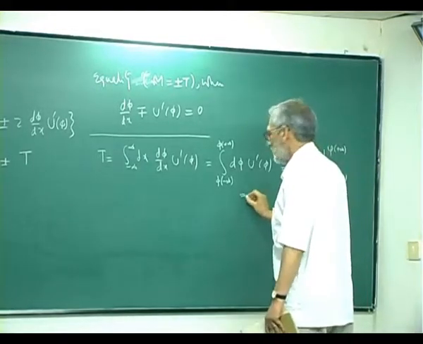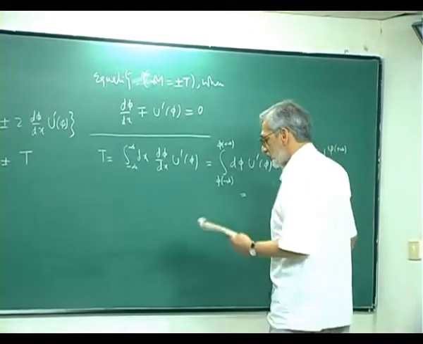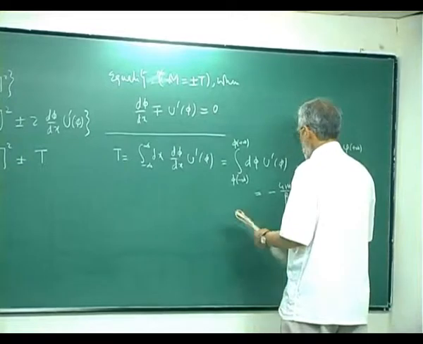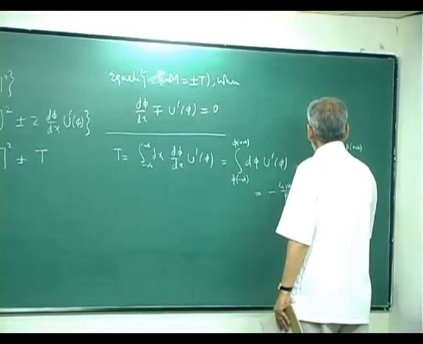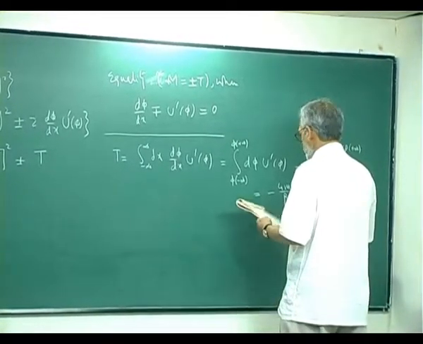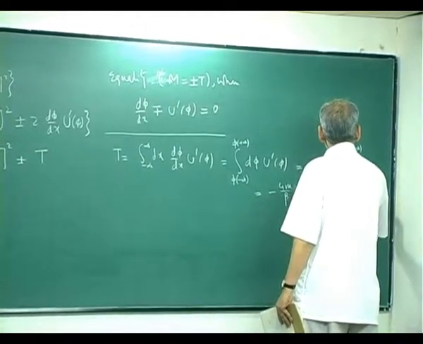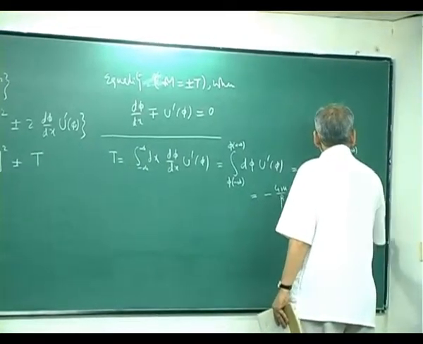And now if I put U(phi) there, U(phi) was minus 4m by beta square cosine beta phi by 2, at phi plus infinity and phi minus infinity.